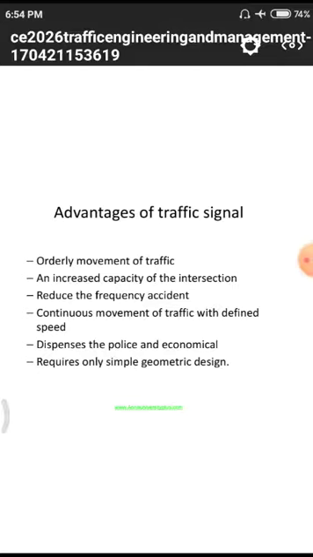Next is reducing the frequency of accidents. Frequency of accidents means the number of accidents occurring in a particular month or in a particular year. Those may also decrease due to the implementation of these traffic signals. Why?